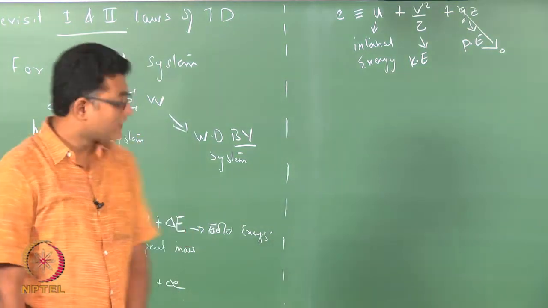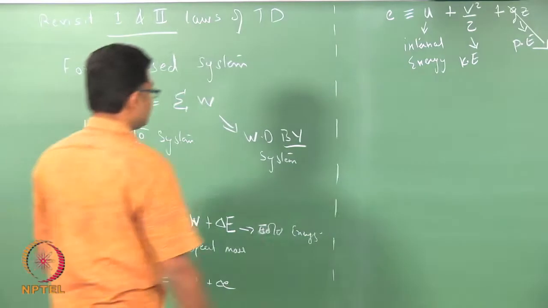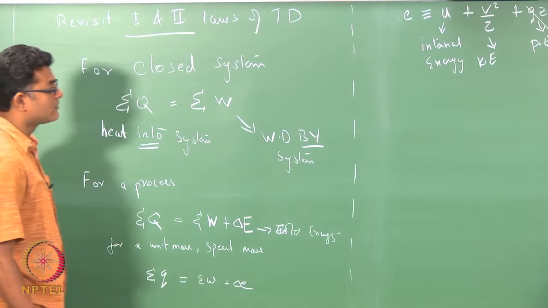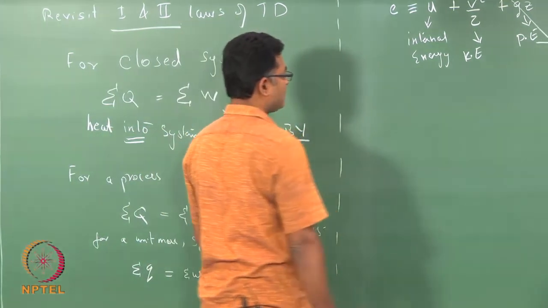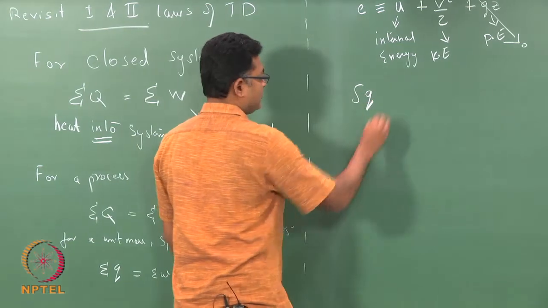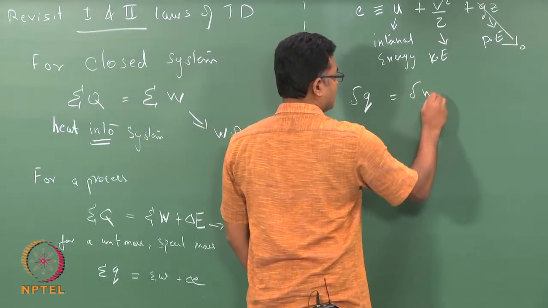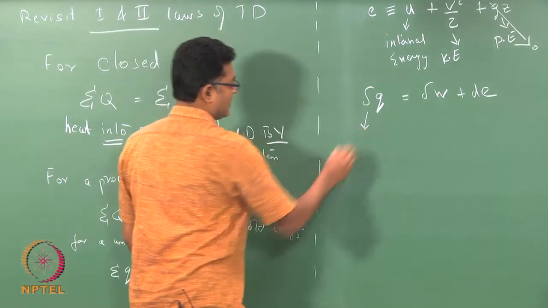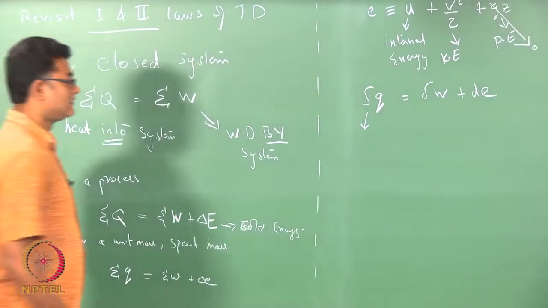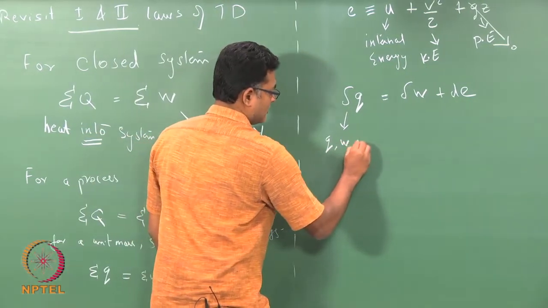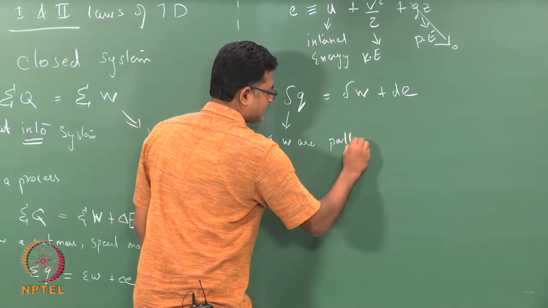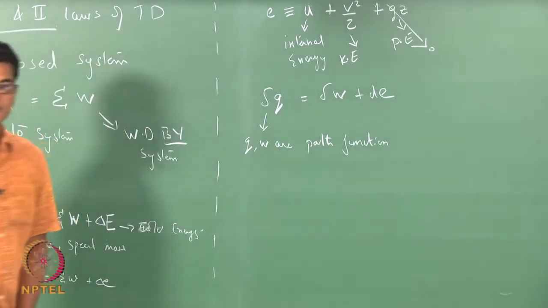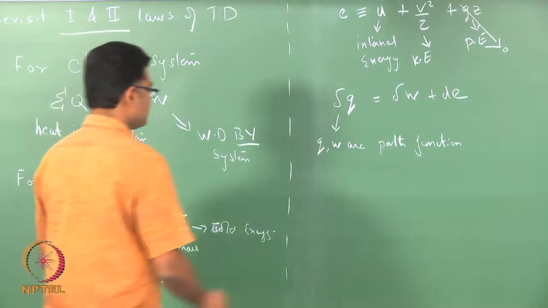Now, for an infinitesimal process, for a small change from state 1 to 2, we write delta q equals delta w plus dE. This delta is because q and w are path functions, which essentially means the work done and the heat input depend on the path that goes from state 1 to 2.